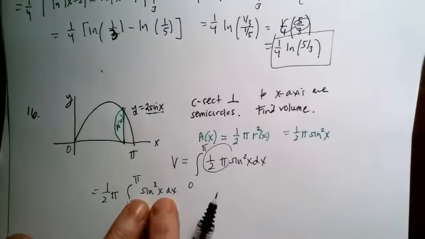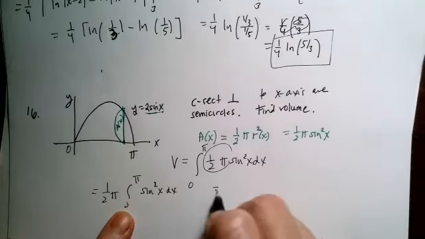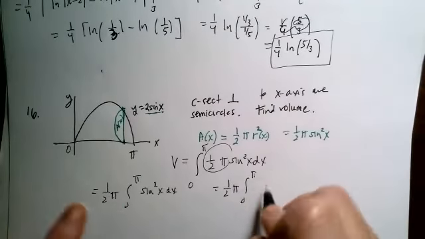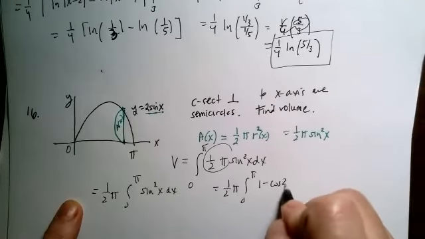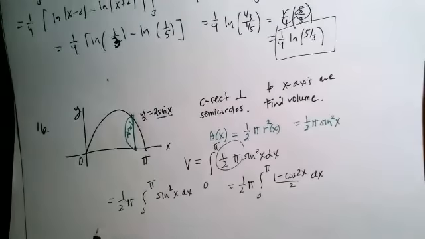Okay, is there an identity we can use here? Half angle. Right, we're going to write that as 1 minus cosine 2x over 2. And when we integrate that, we'll have 1/2 pi times x over 2 minus sine 2x over 4, right?